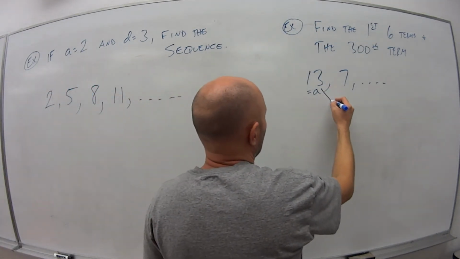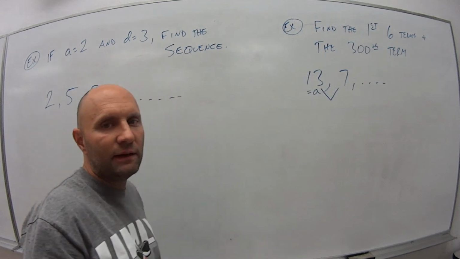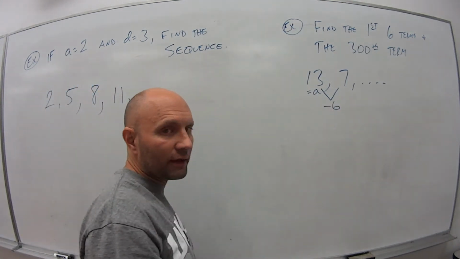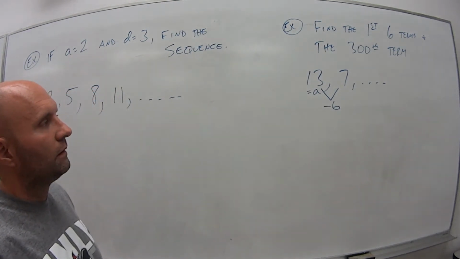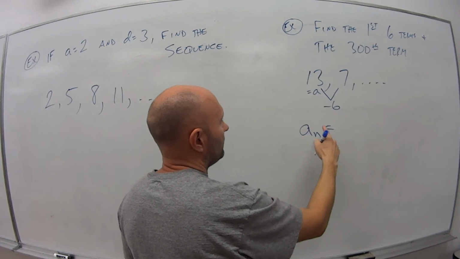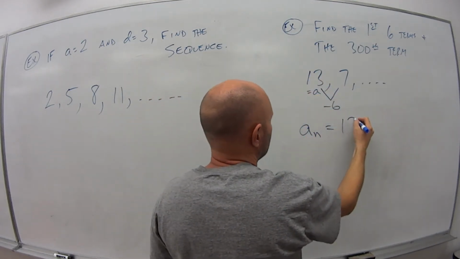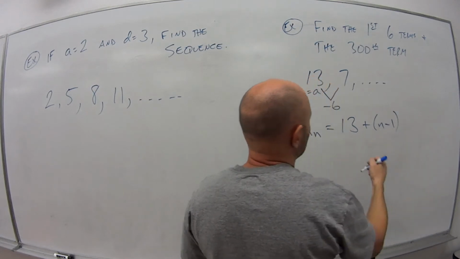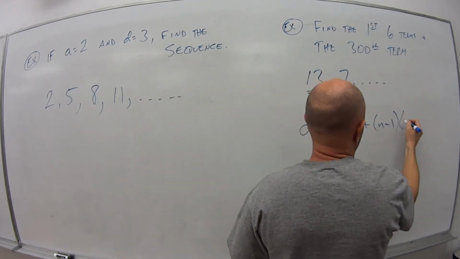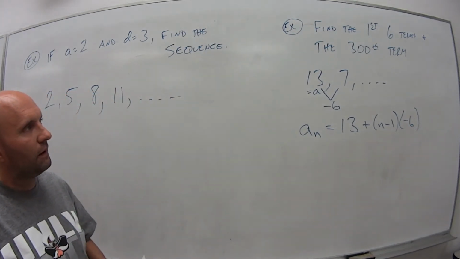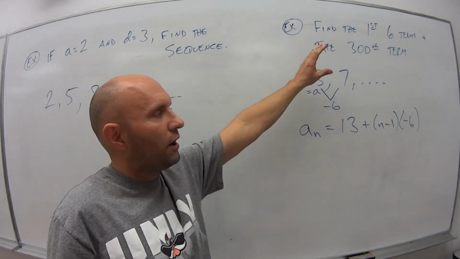How did we go from 13 down to 7? Well, we had to subtract 6. So that means a of n is equal to a, 13, plus n minus 1 times the difference, which is negative 6. So that's how we're going to find the 300th term.